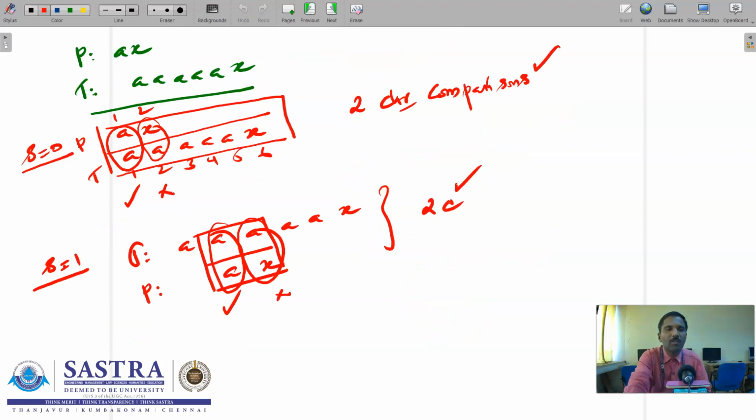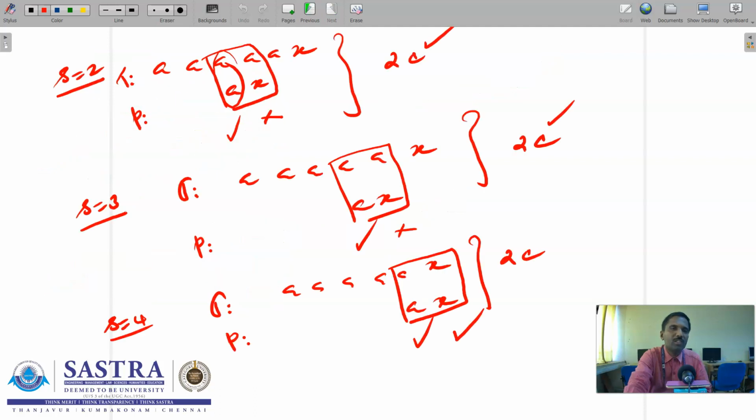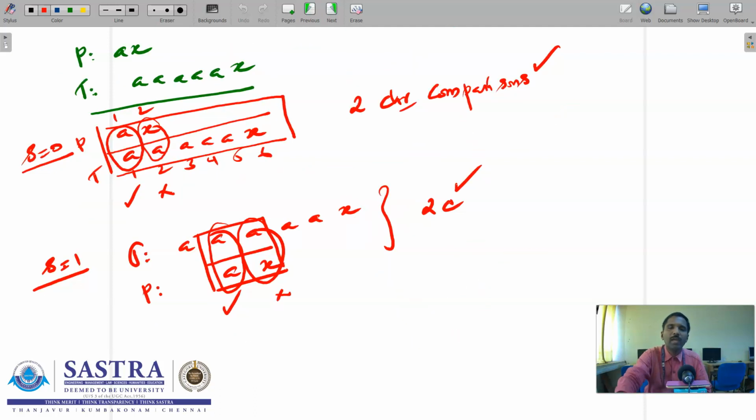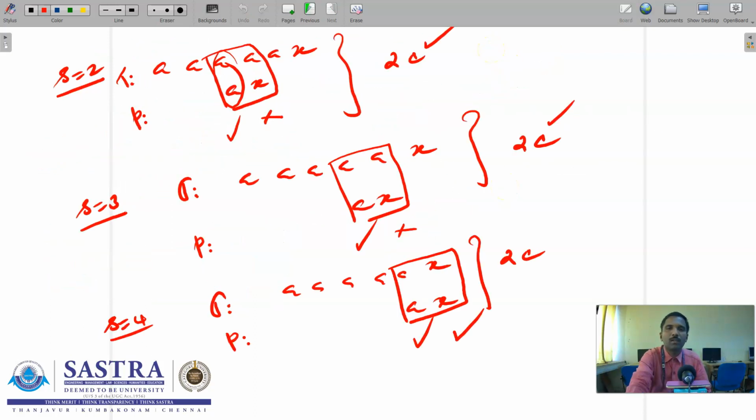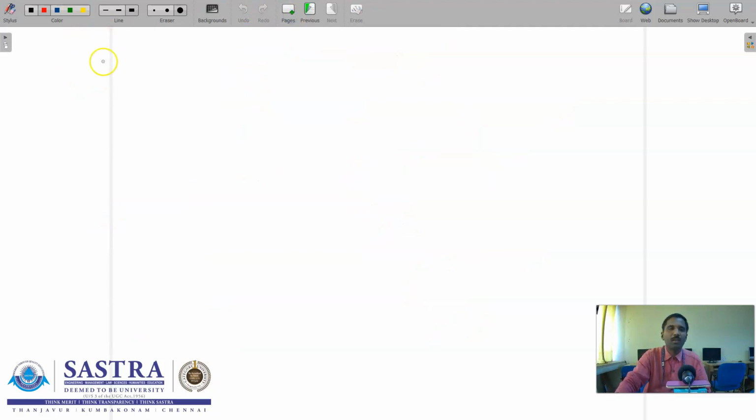The total number of shifts is 0 to 4, so 4 minus 0 plus 1, that is 5 shifts, and in each we performed two character comparisons. So totally, we have performed 10 character comparisons: 2 plus 2 is 4, plus 2 is 6, plus 2 is 8, plus 2 is 10.